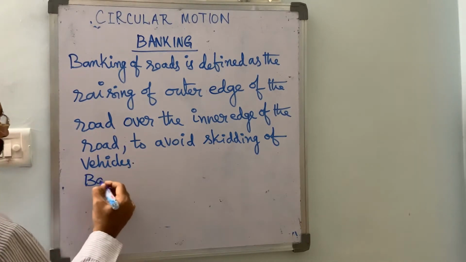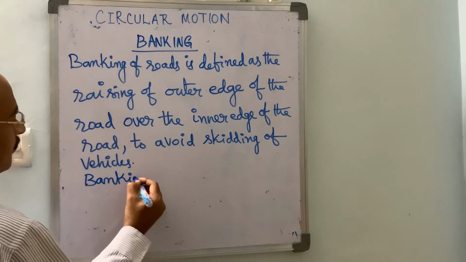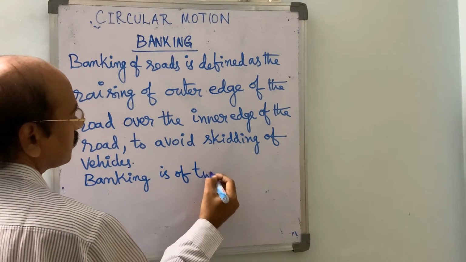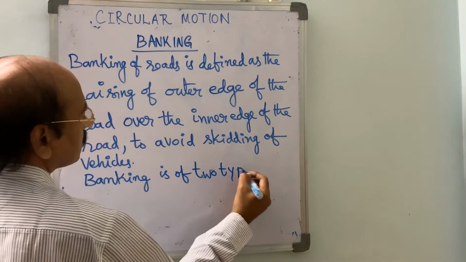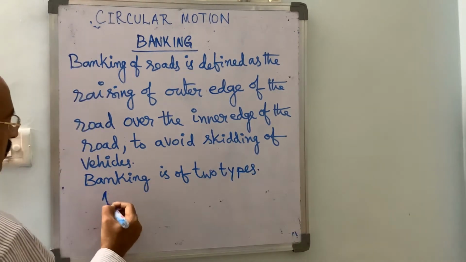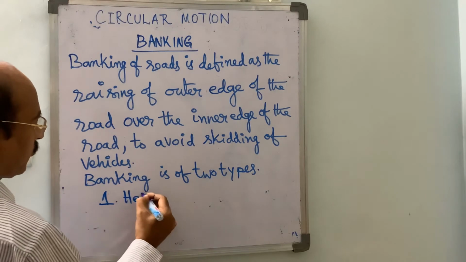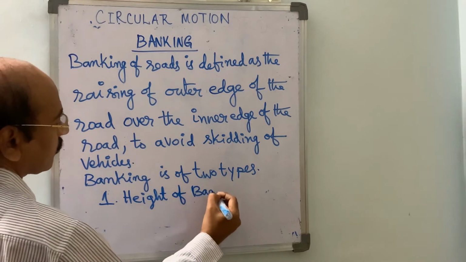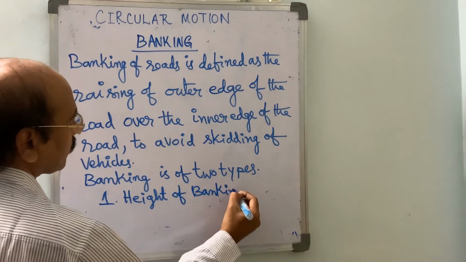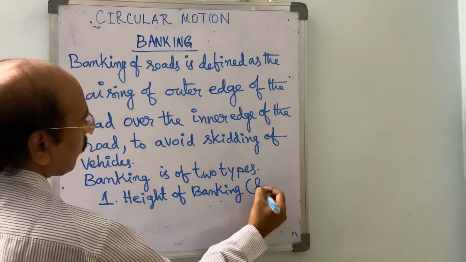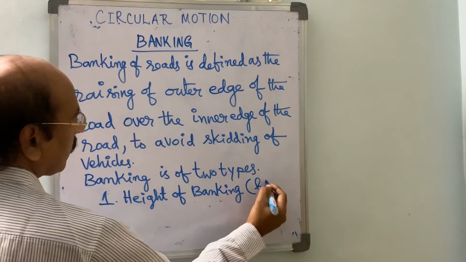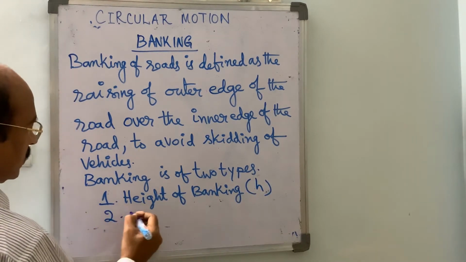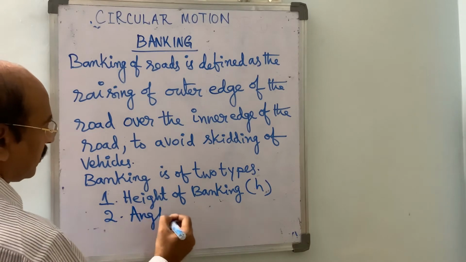Banking is of two types. First one, height of banking. Second one is the angle of banking.